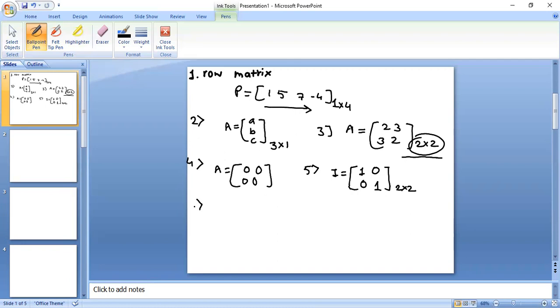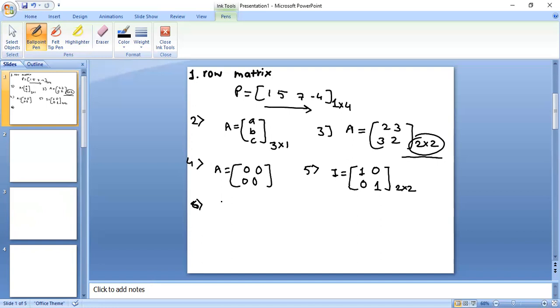The sixth type is the diagonal matrix. A square matrix in which all the non-diagonal elements are equal to 0. Note that in a diagonal matrix, all non-diagonal elements are equal to 0 and some or all the diagonal elements may be equal to 0.